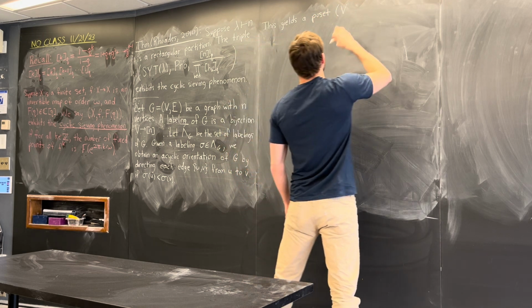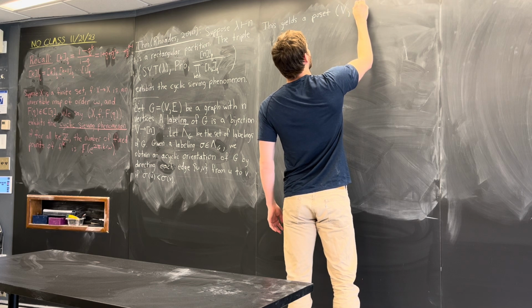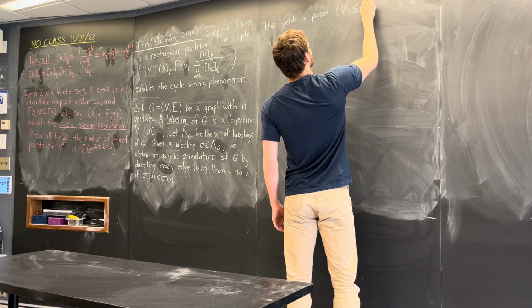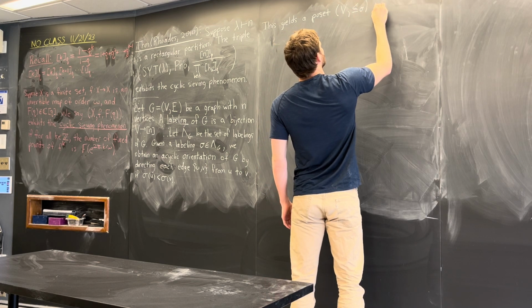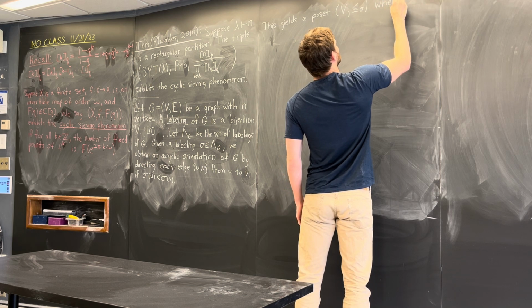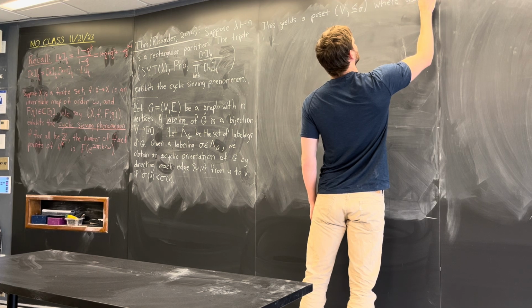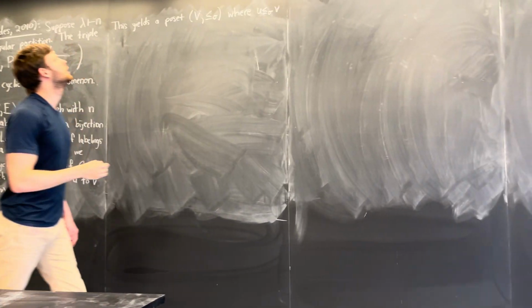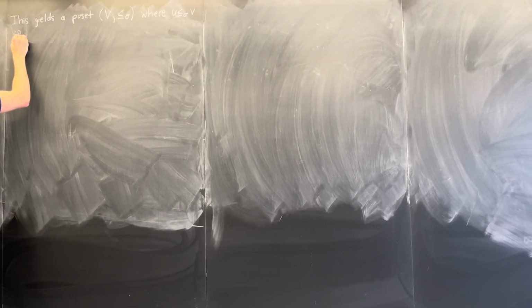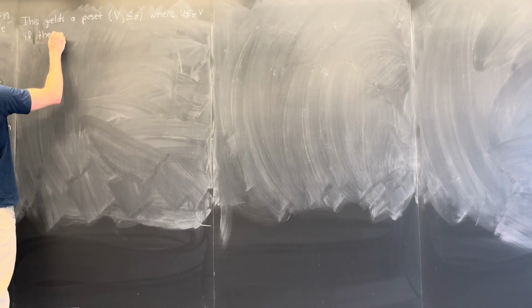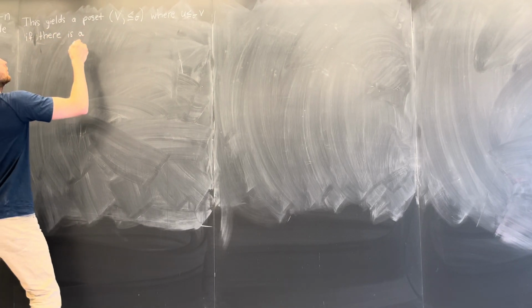The elements of the poset are the vertices of G, and I'll call the partial order less than or equal to sub sigma. And this is the poset where u is less than or equal to v if there is a directed path from u to v.